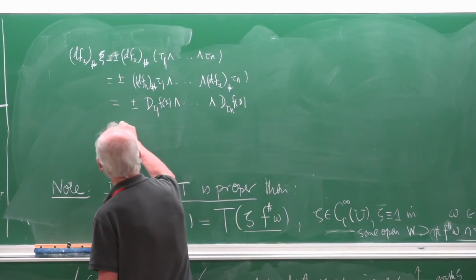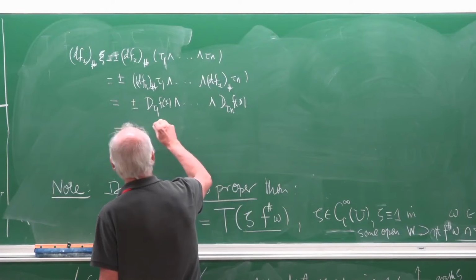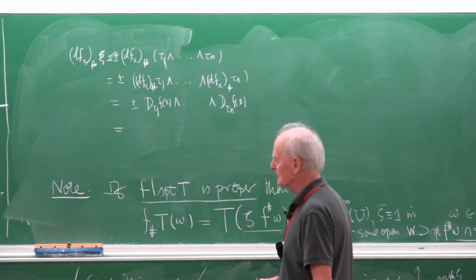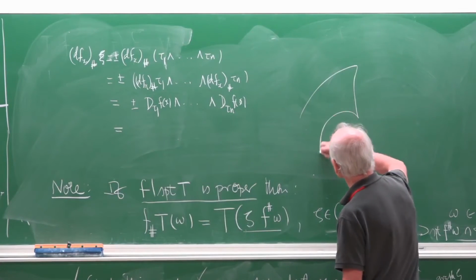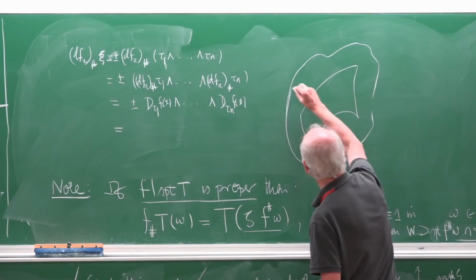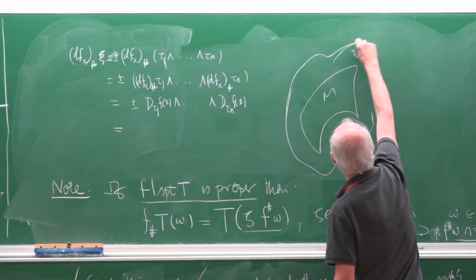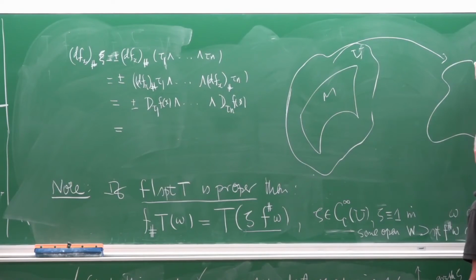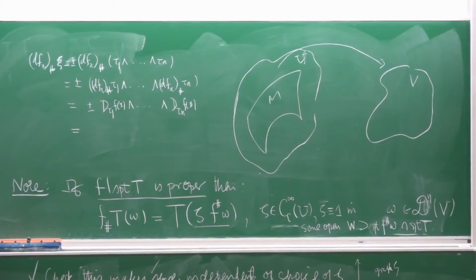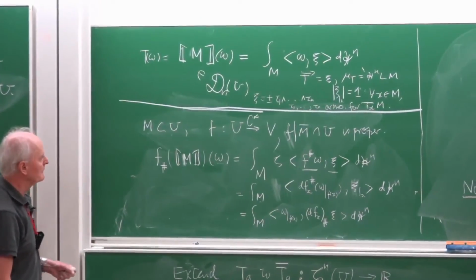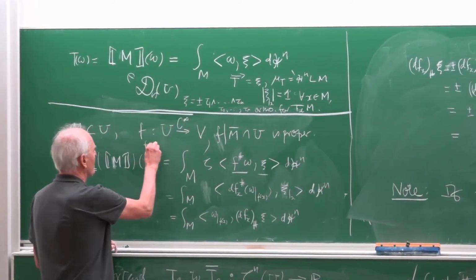Now we've got to think about this a little bit. So F is a mapping from M, here's the picture. U is the big open set containing M, and F is going into V. I don't want to get into a big mess here computationally, so let's just look at the basic case, when F is 1 to 1.